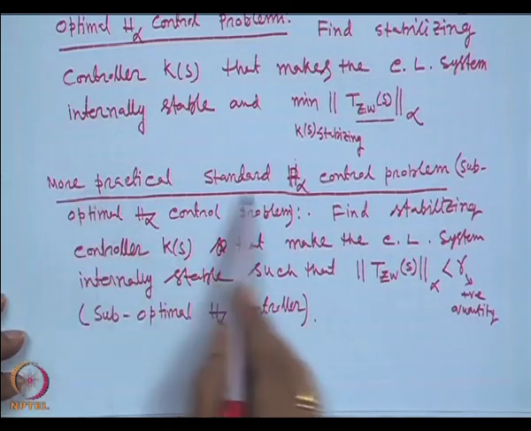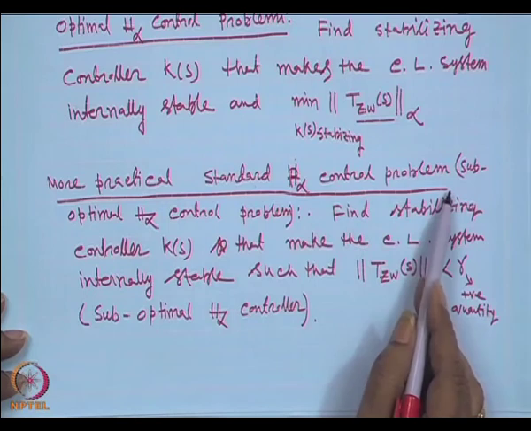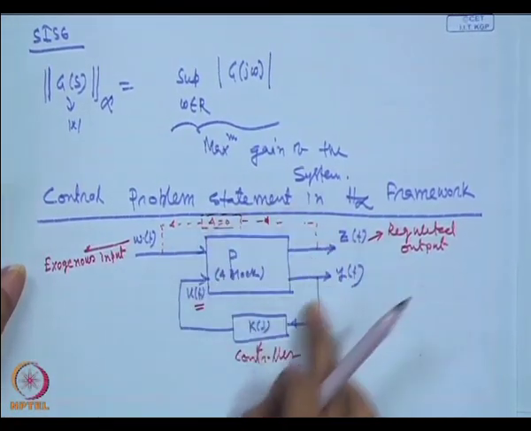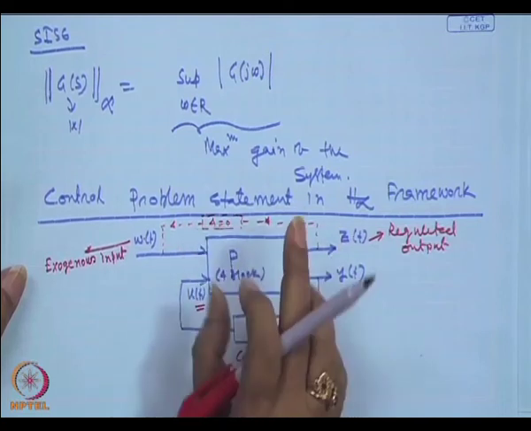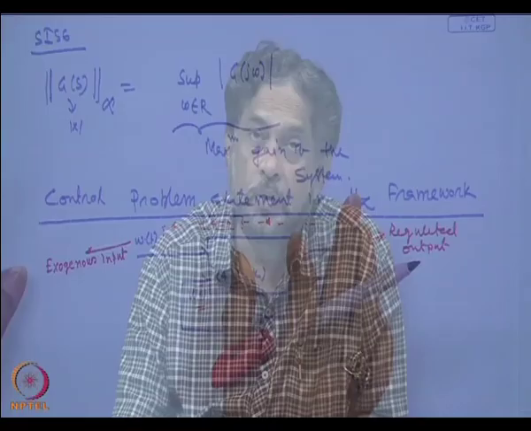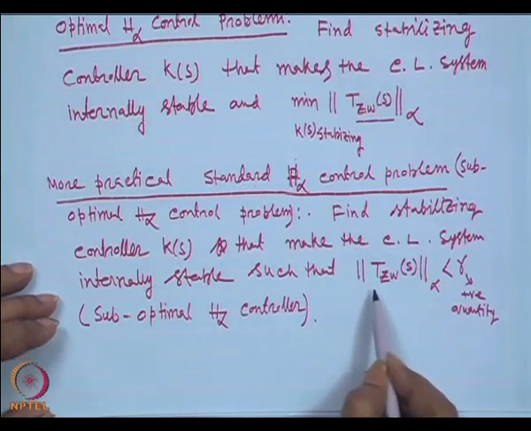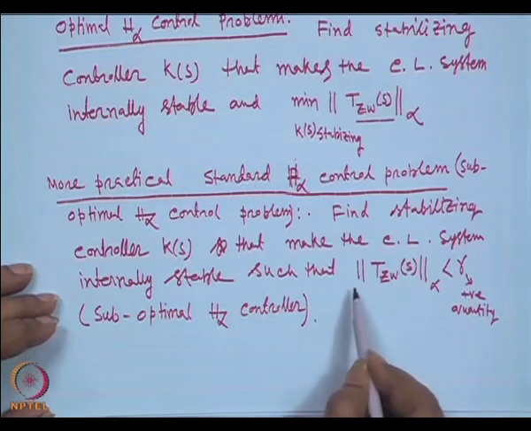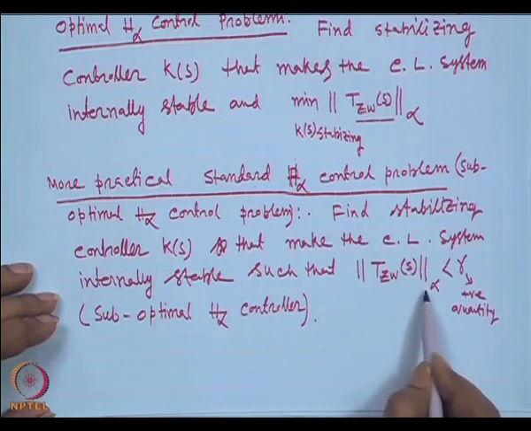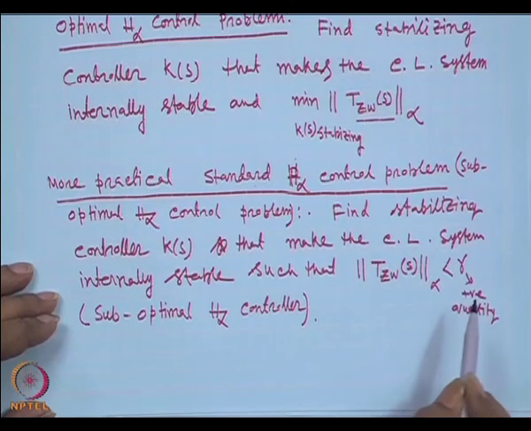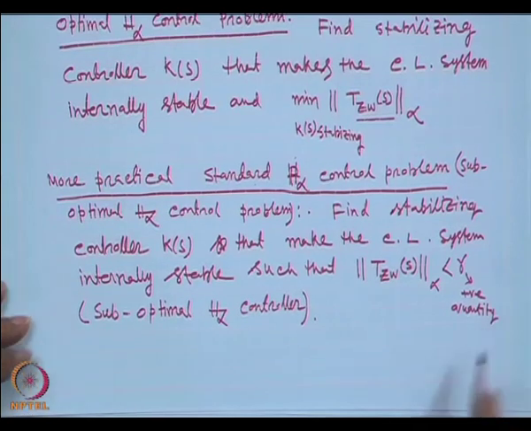This is called the standard H infinity controller. That means we are looking for a controller K such that the closed loop system will be internally stable, and, not only that, the H infinity norm is less than some positive quantity gamma.